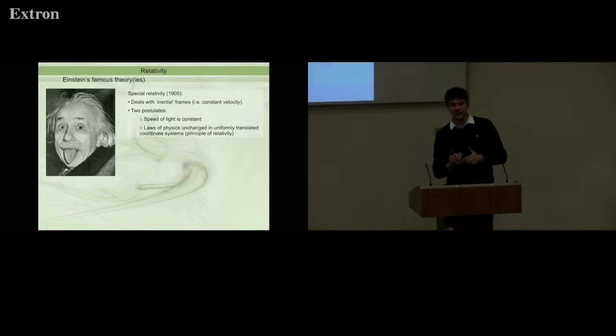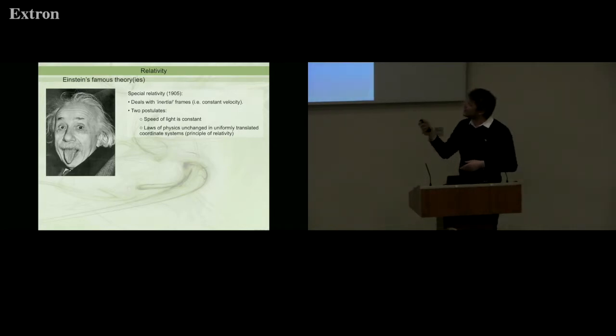So in principle, it cannot explain the behavior of objects going near other objects, like in a gravitational field, and it cannot explain what happens if things are accelerating or decelerating. So it was a very particular scope.